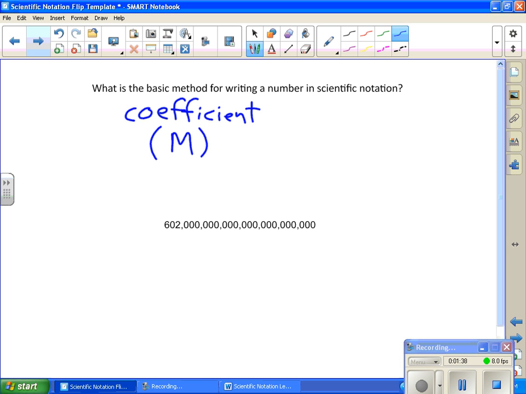That coefficient is multiplied by 10 raised to a power, and I'm going to use n to represent that power of 10. We call that power of 10 an exponent.